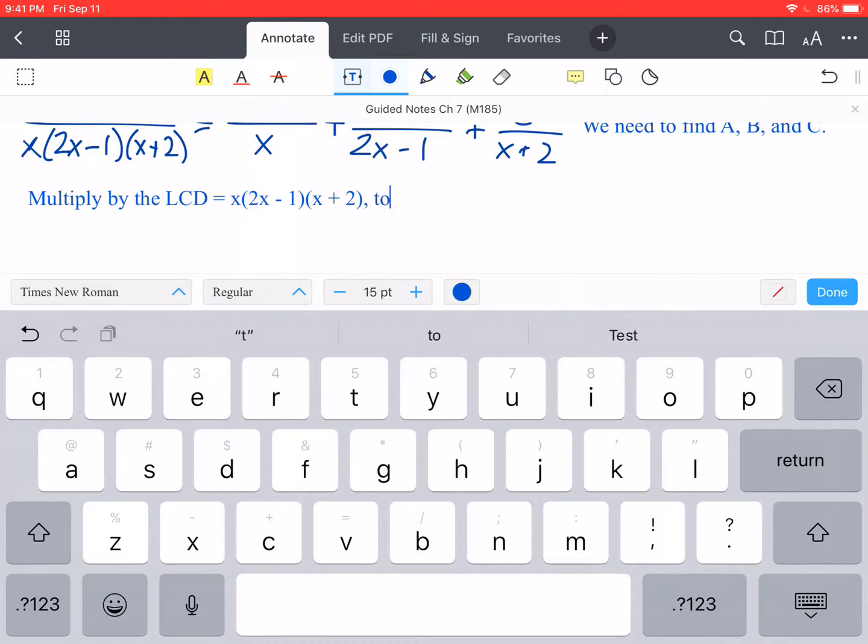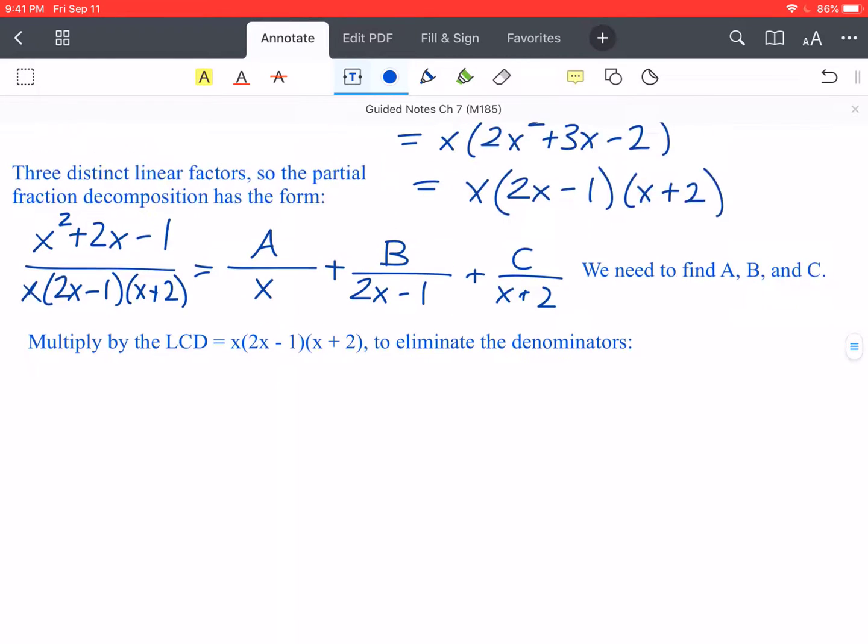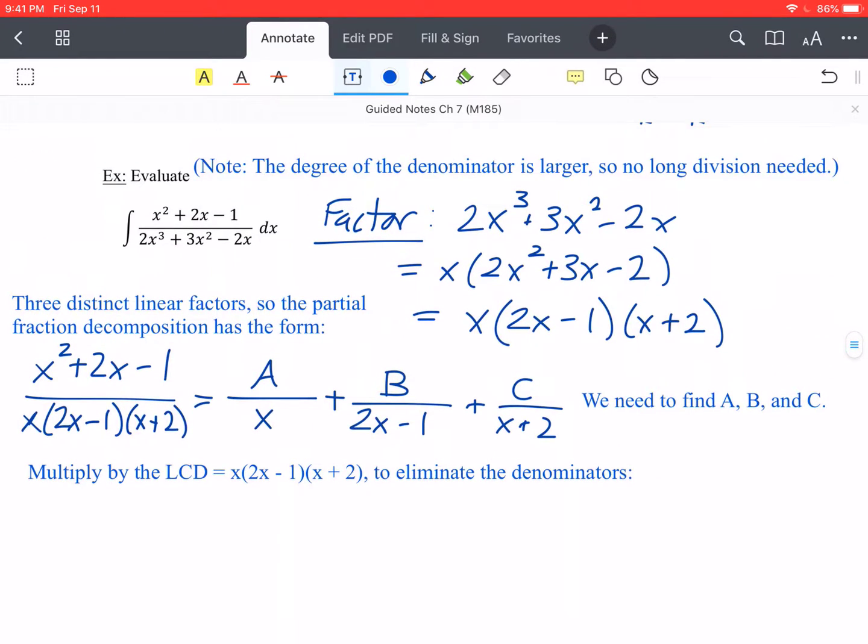And we're doing this to eliminate the denominators, because it's going to be a lot easier to solve this if we don't have to deal with fractions. Even though it's kind of ironic, since the name of the process is partial fraction decomposition. So multiply both sides by that LCD. On the left hand side we have x squared plus 2x minus 1.